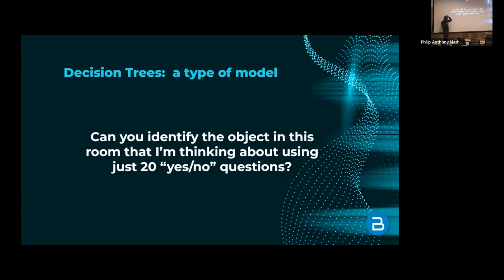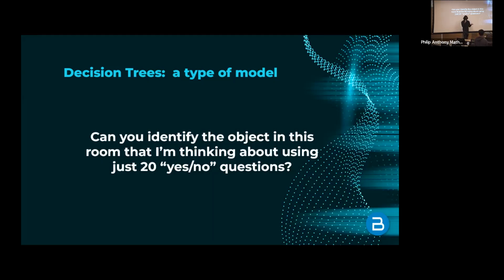Is it a person? No. People are probably expected. Well, that's one question. Okay. Is it something attached to the ground? No. Is it the projector? No. It's hard. You have like 17 more questions left. Is it a light?